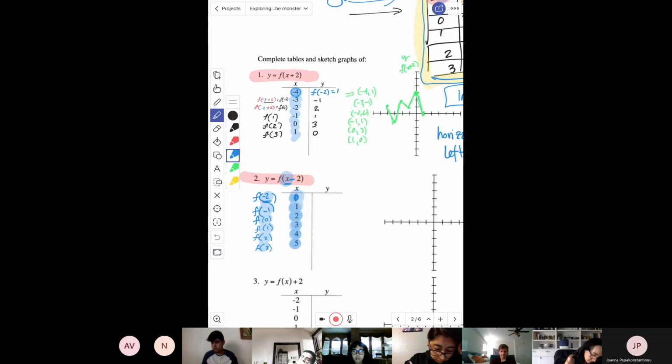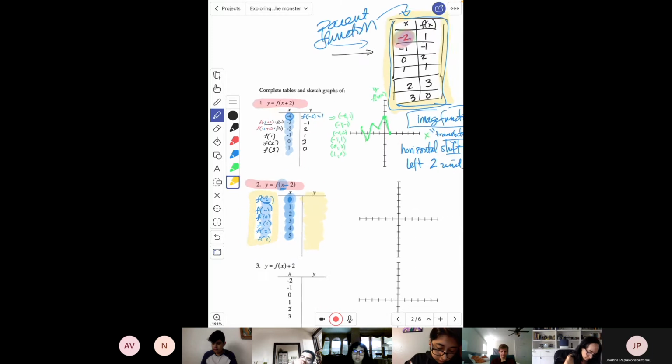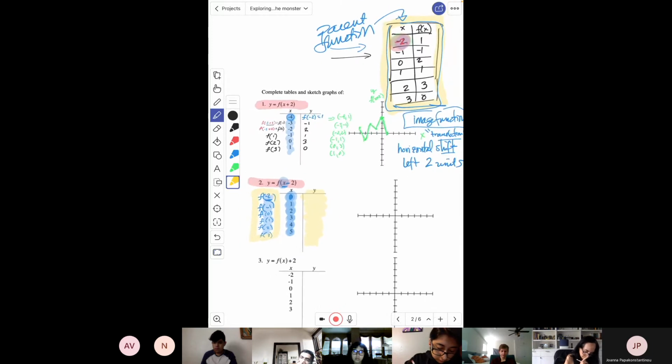Do you see that? Okay, so now go back to our original function and give me the corresponding y's for each of those. What are the y values? You tell me. Can anybody tell me the first y value?